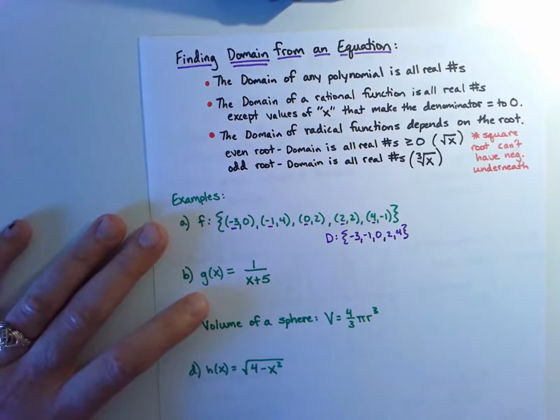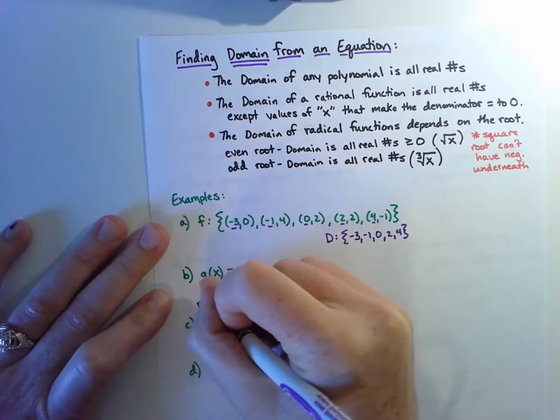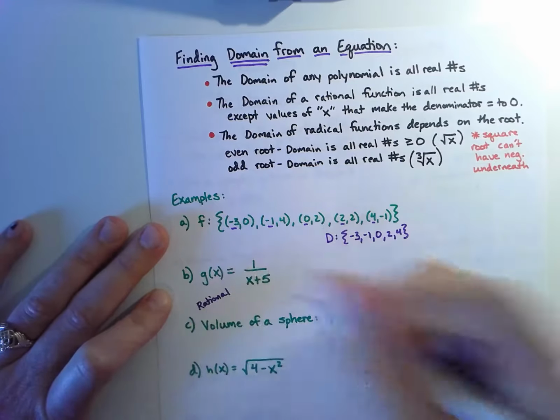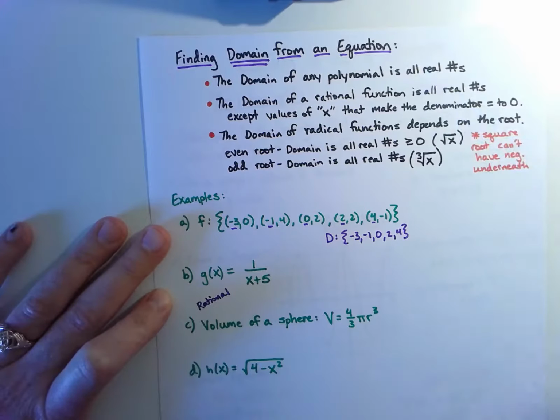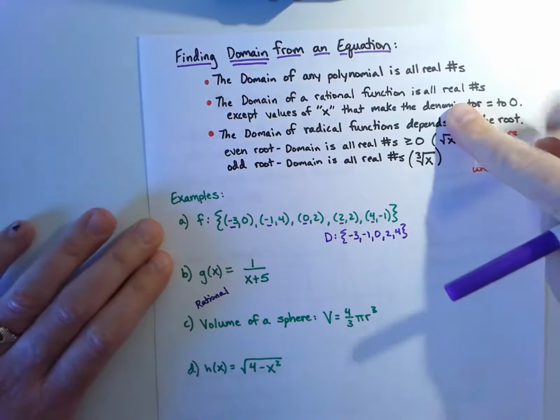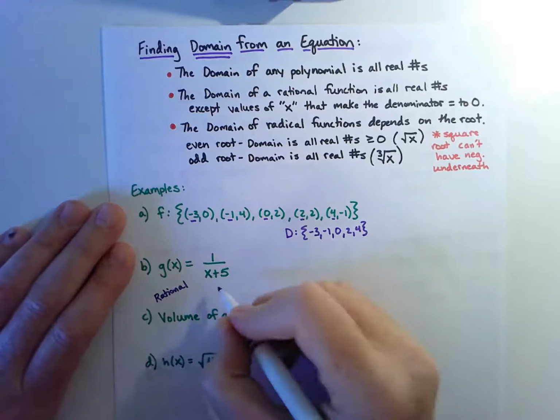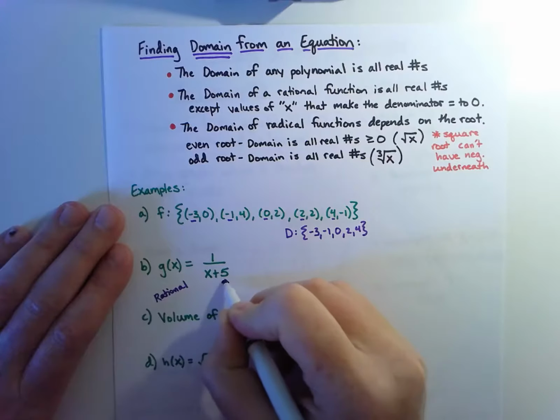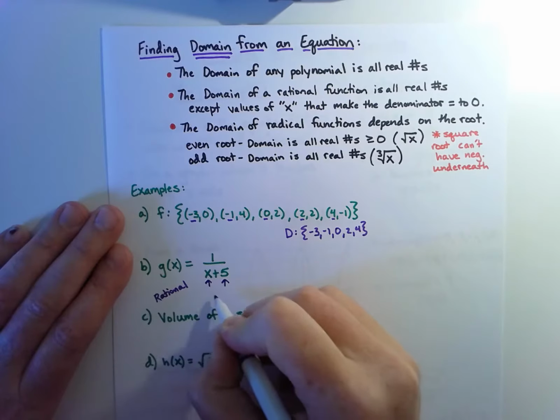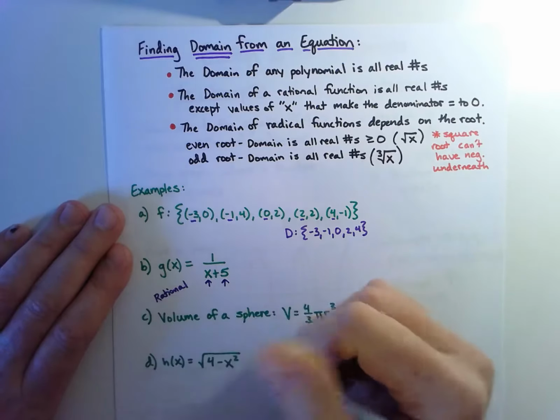B is a rational function because it has a ratio or a fraction. So that falls into the second rule up here. Our x can be any value as long as it does not make the denominator 0. So think of what value for x would make this denominator 0.